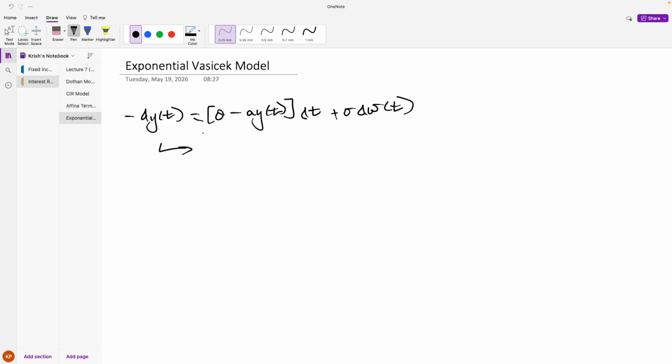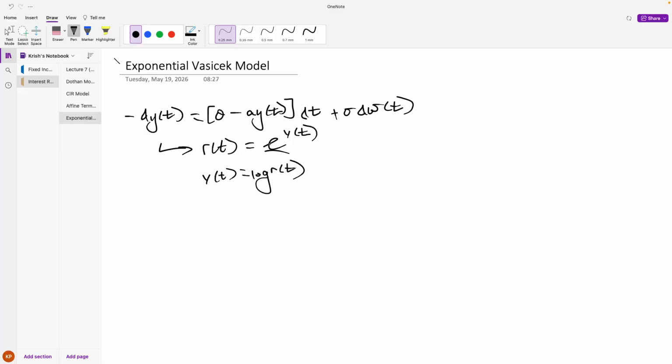And so what this exponential Vasicek model does is that your RT value is going to be equal to E to the YT. That's literally it. And so your YT, of course, is going to be equal to the log of RT. So as you can see, there's going to be the property of positive values only. But there's also going to be issues because this is going to be a lognormal approach, so it's going to be mirroring the issues that we saw in Dothan.